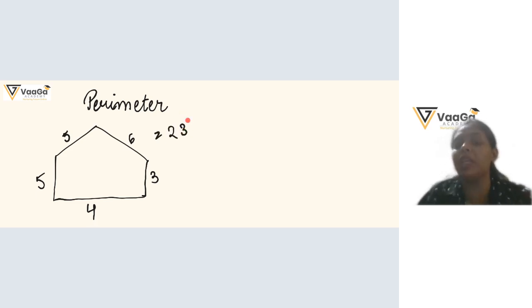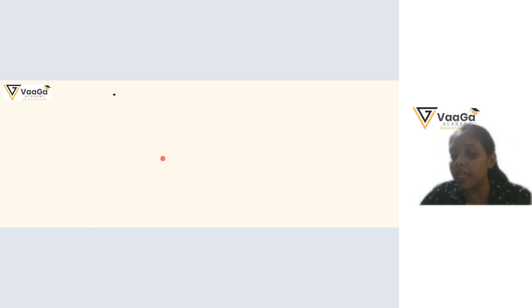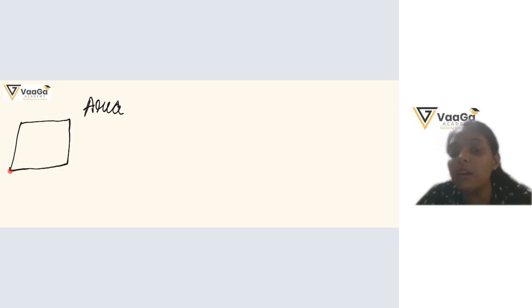So basically the perimeter is the boundaries, right? Ma'am. Great. So today we are going to learn about area. As the perimeter is the boundaries of the shape, area is the inside of this shape, the space inside the shape. So let's say if this is the shape I have, it will cover some space.